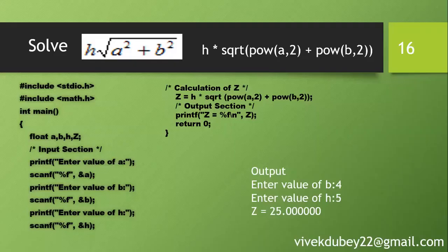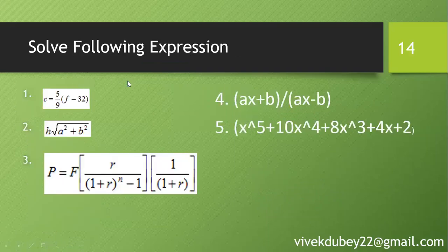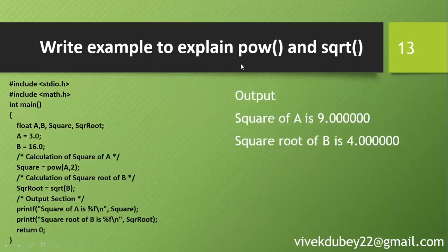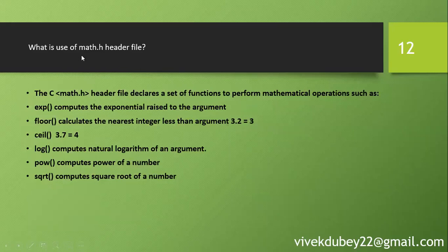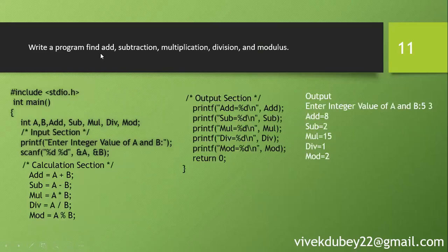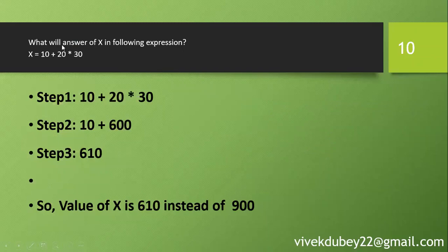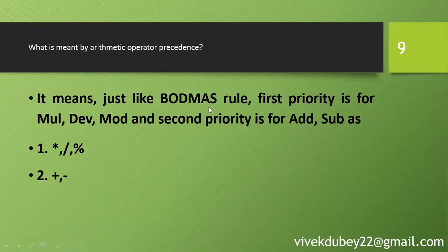Okay. So this is about our lab 2. Today we learned 5 expressions to execute in C, and some inbuilt functions of math.h, and we have seen this type of small program for doing arithmetic operations. We also learned the precedence of operators through these expressions.